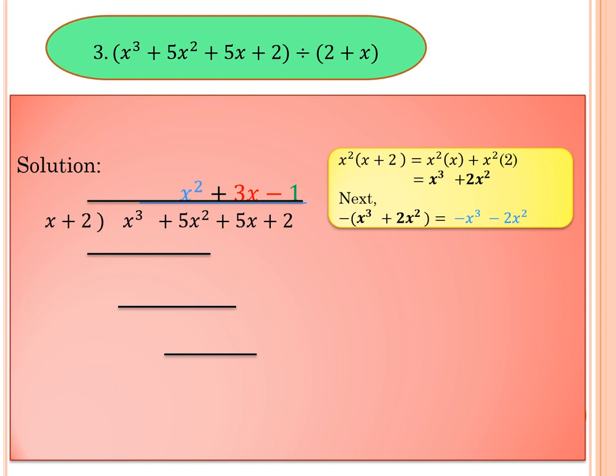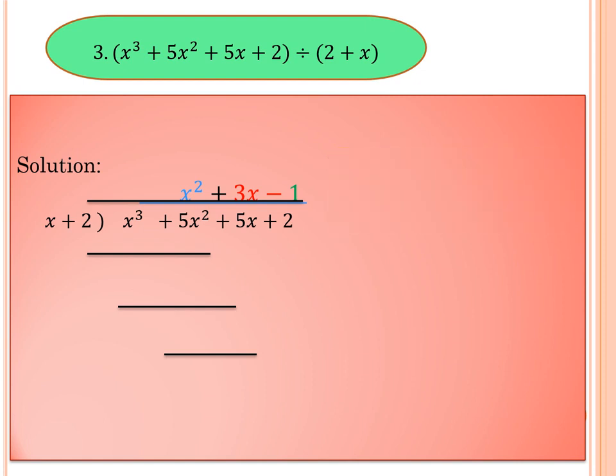So, since this would be the subtrahend of the next operation, so, i-change lang natin sila ng sign. So, from positive x cubed, magiging negative x cubed. And from positive 2x squared, magiging negative 2x squared. Okay? So, that's why, yan yung magiging subtrahend na natin.